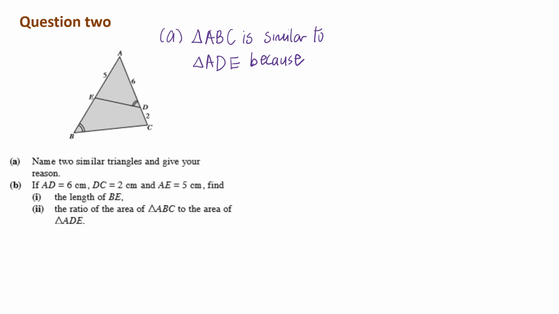If you look at how I present my answer, I arranged it such that the angles correspond to each other. Angle A of triangle ABC corresponds to angle A of triangle ADE. Angle B of triangle ABC corresponds to angle D of triangle ADE. And C corresponds to E.